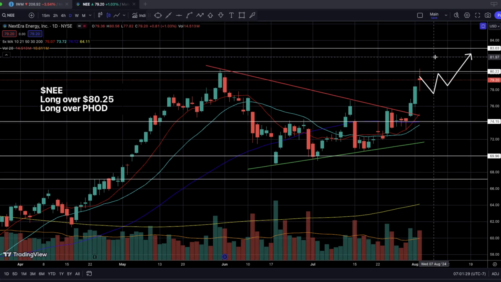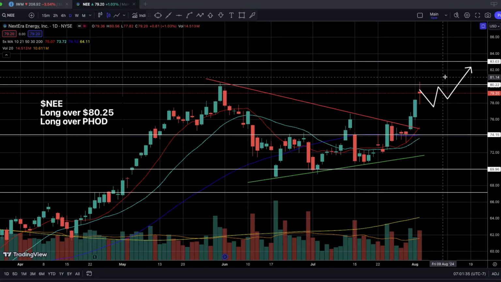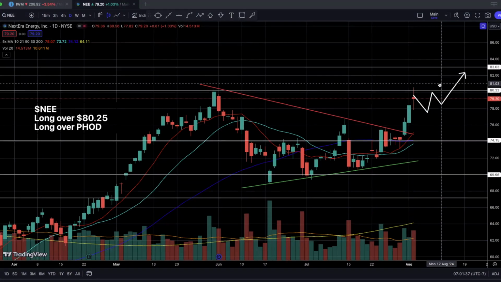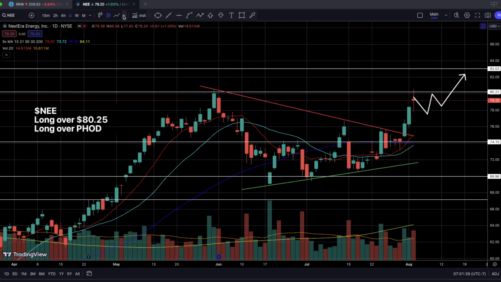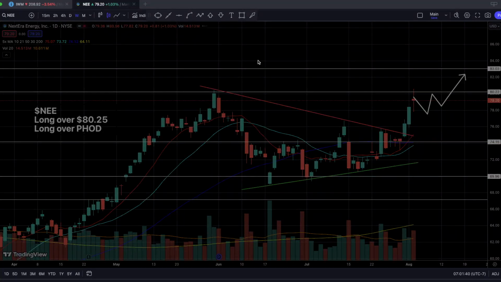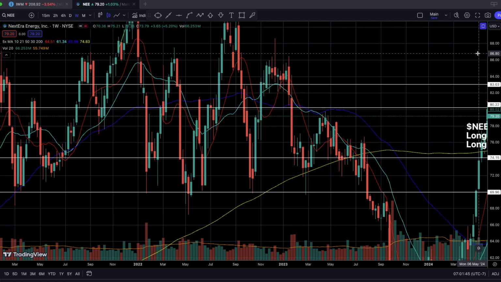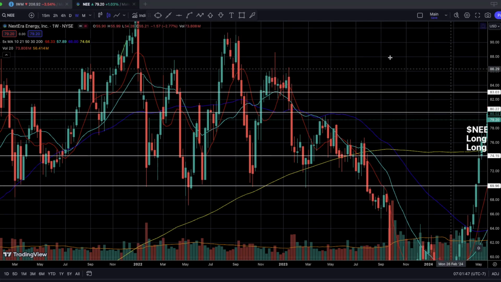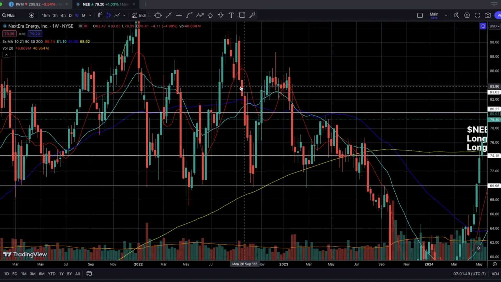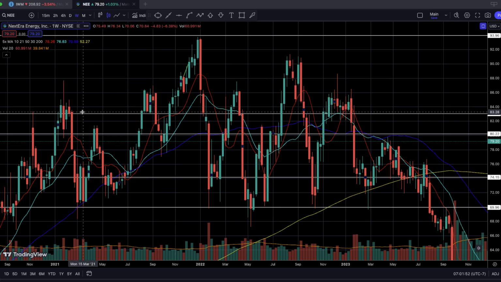Now, if you do decide to make this ideal Momo bull flag, I would love to see a retest of $83. So that is our first profit target. And why 83? Well, this is a very, very heavy level of resistance and support many years back, right? So in 2022, and also a very significant level in 2021.